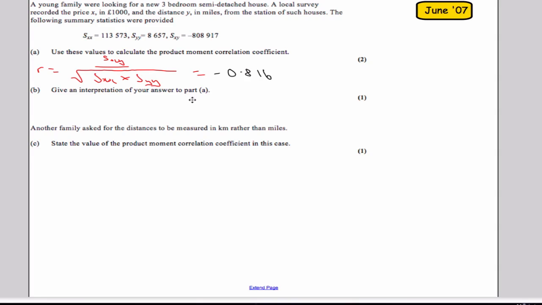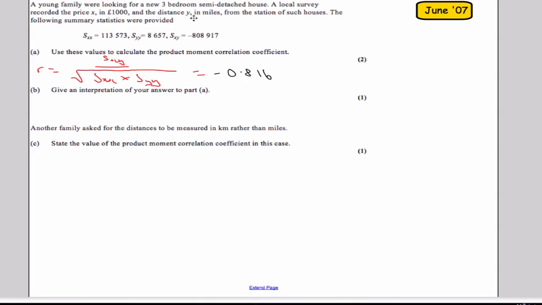Give an interpretation of your answer to part A. So it's a fairly strong negative correlation. Right, so if the price goes up, the distance comes down.